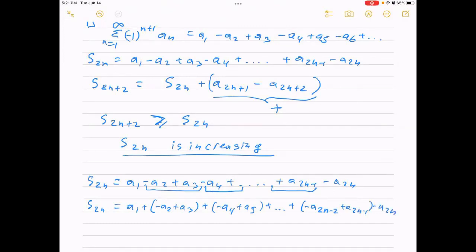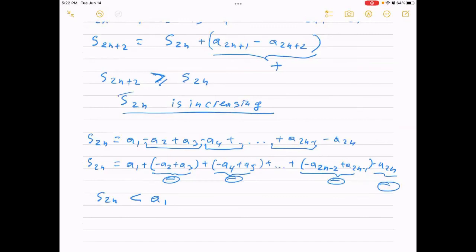Notice that all the expressions in parentheses and the last term are going to be negative, because again we assume that a2 is bigger than a3, a4 is bigger than a5, and so on. So we conclude that s_2n is going to be less than a1.